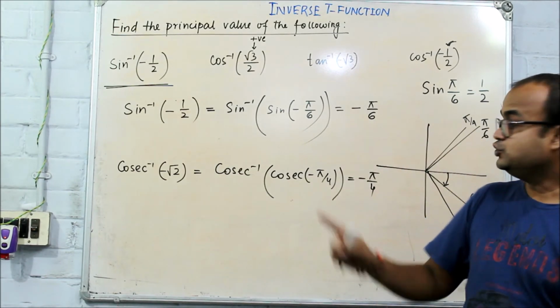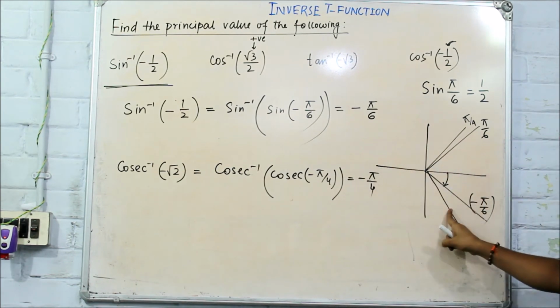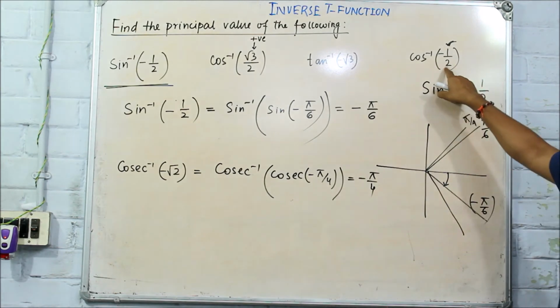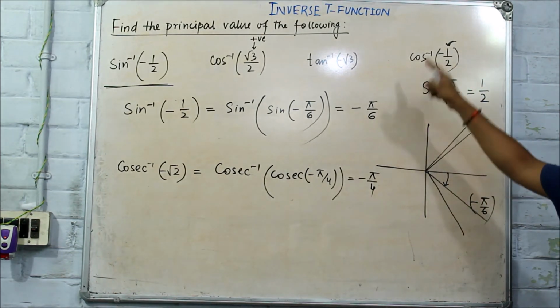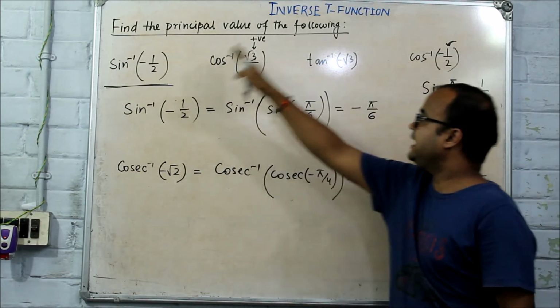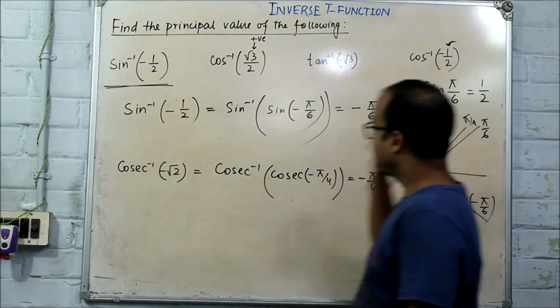Then your answer belongs to the first, second or fourth quadrant. In case of cos, your answer belongs to the second quadrant, and for the others, that is sine and tan, your angle belongs to the fourth quadrant.